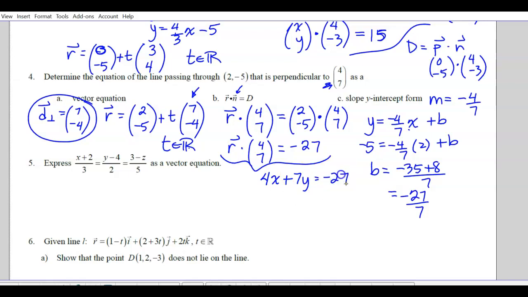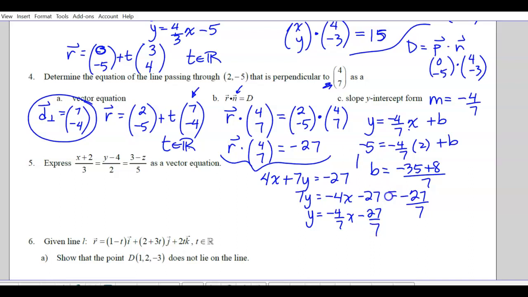If I solve this for y, then I get negative 4 sevenths x minus 27 over 7, which is exactly what I got here.